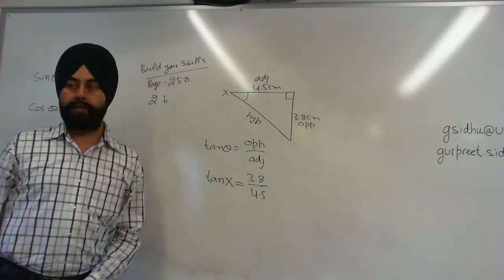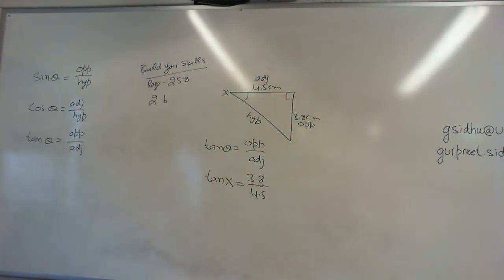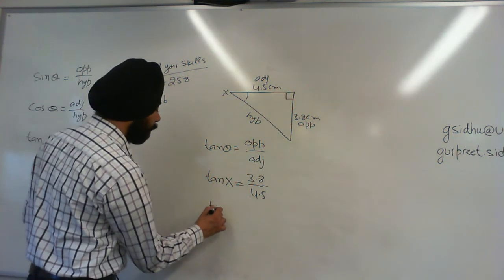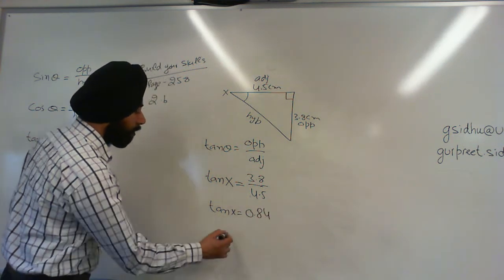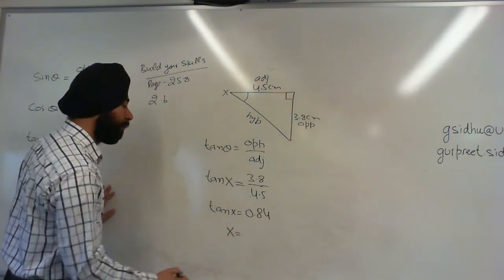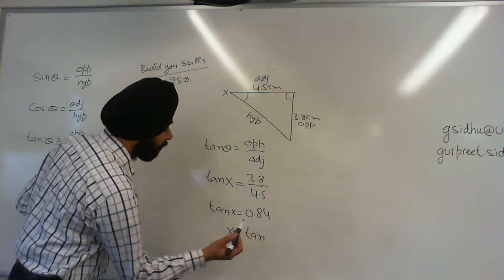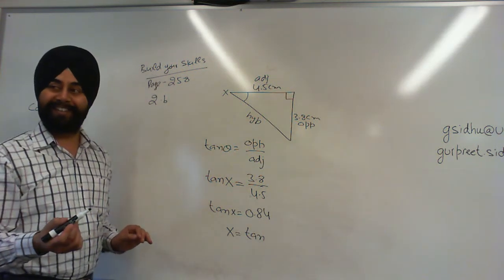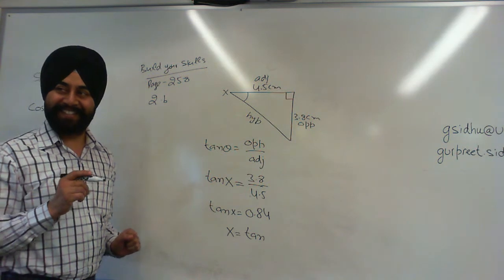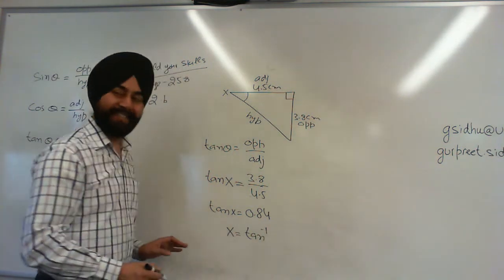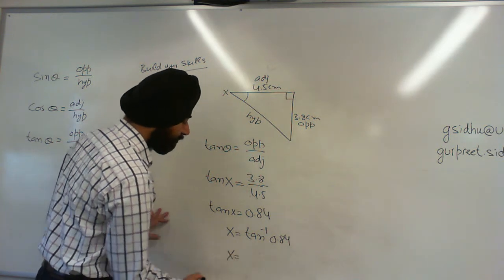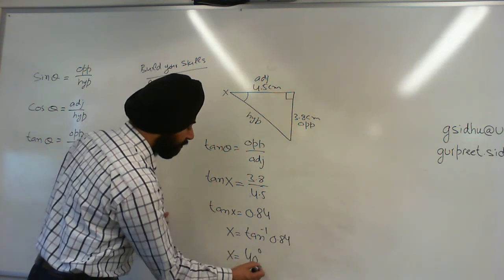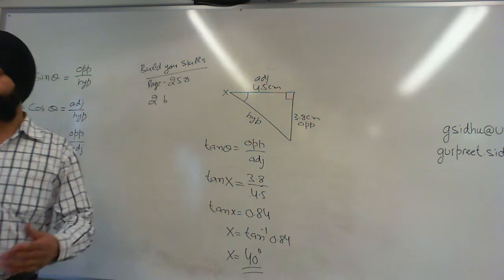So you first divide these numbers, 3.8 over 4.5. What do you get? 0.84. And then how do you find x? Tan inverse. 0.84. How much is this? 40 degrees. Exact? Well, it's 40.03. Okay, that's 40 degrees.